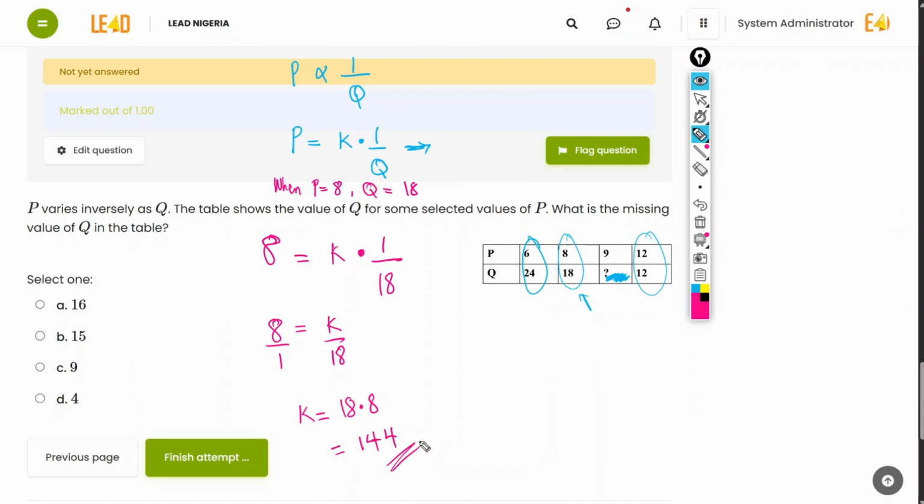Hope I'm right. Yes, 144. So that's 9 times 16, or 36 times 4. Yes, so 144. Good.